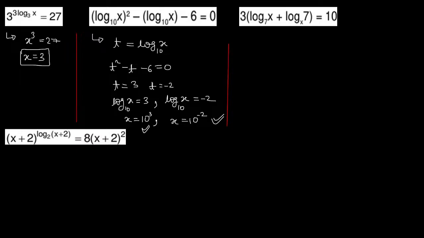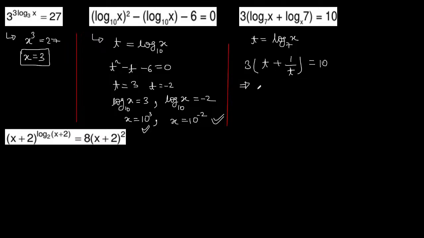Now this one, if we consider t equal to log x base 7, can we say it as 3t? If you remember, it is nothing but 1 by t, which is equal to 10. So we simply got into quadratic form.